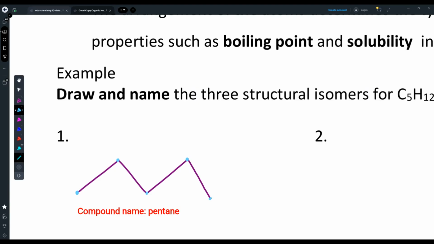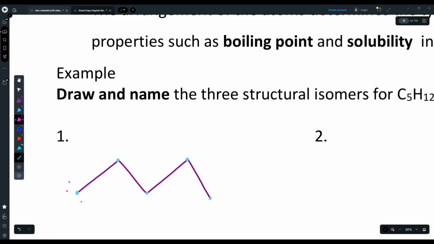Okay, now for line diagrams, the hydrogens are implied. So let's count how many implied hydrogens there are here. So there's 1, 2, 3 implied hydrogens for this carbon. How I know that there's 3 is because each carbon atom needs 4 bonds. It already has 1 bond here, so it's going to have 3 hydrogens to make up the remaining 3 bonds that that carbon atom needs.